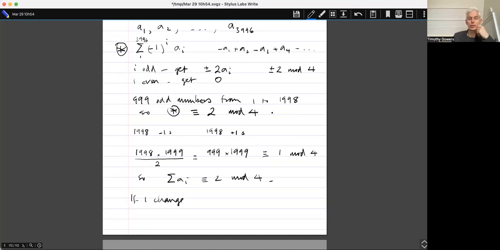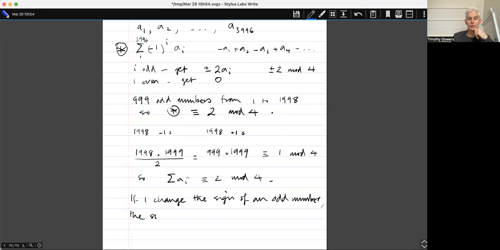Okay, I think I may have got there. So, not quite what I'm expecting, but if I change the sign of an odd number, the sum mod 4 changes by 2, because we've gone from a_i to minus a_i. If a_i is odd, then the difference is 2 a_i, and twice 3 mod 4 and twice 1 mod 4 both equal 2.